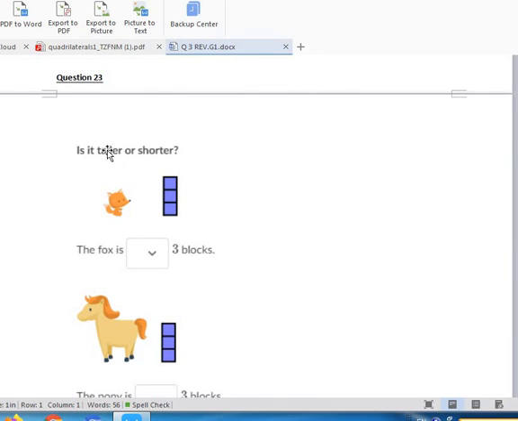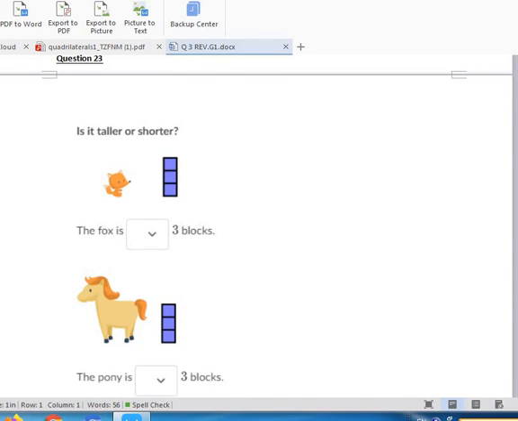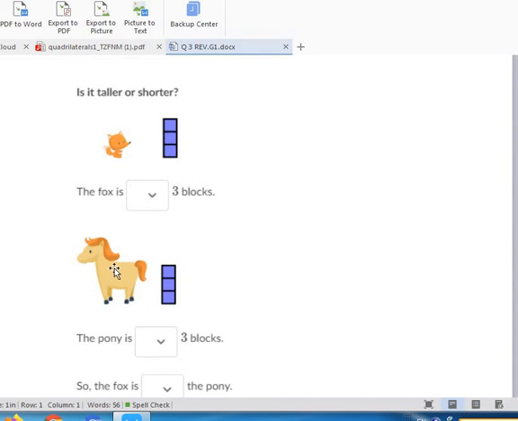Is it taller or shorter? Here the fox is 3 blocks: 1, 2, 3 blocks. And the pony, sorry, it's not a donkey, it's a pony. A pony is a small horse. The pony is 3 blocks.